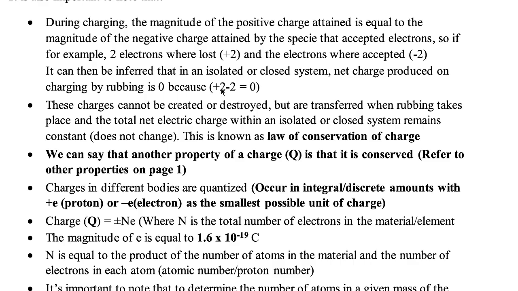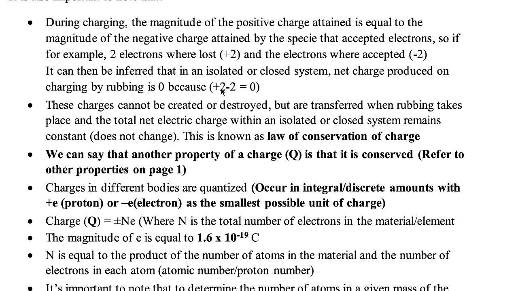So we move on to the fact that we say that these charges cannot be created or destroyed, but are transferred when rubbing takes place, and the total net electric charge within an isolated or closed system remains constant. This is known as the law of conservation of charge. You can relate this to the law of conservation of energy, right?